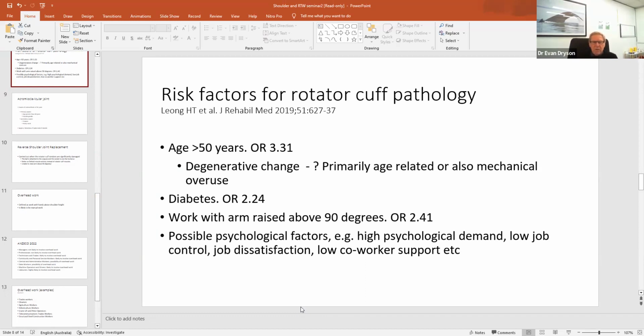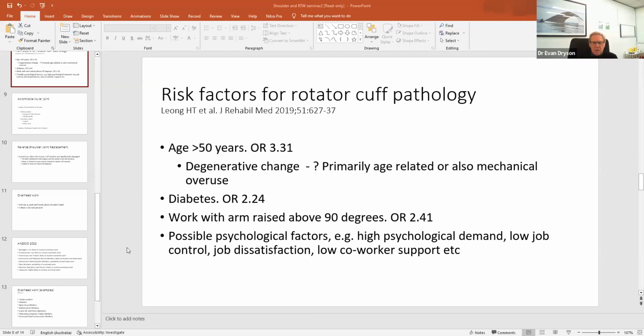And if you are over 50 years of age, the risk of having rotator cuff pathology is 3.3 times greater than that of the normal population. If you have diabetes, the risk is 2.24 times above the normal population. And look at what happens when you work with your arm raised above 90 degrees. Even for people without rotator cuff pathology, the risk increases to 2.41 times the normal population.